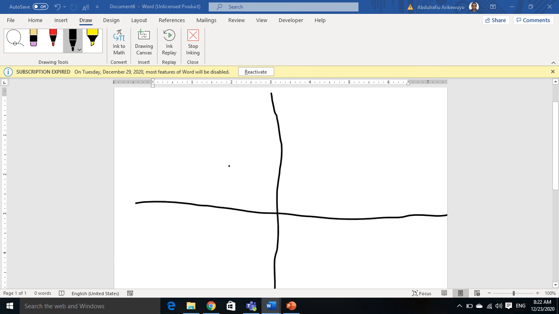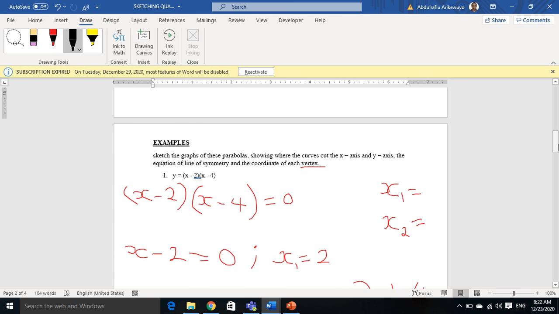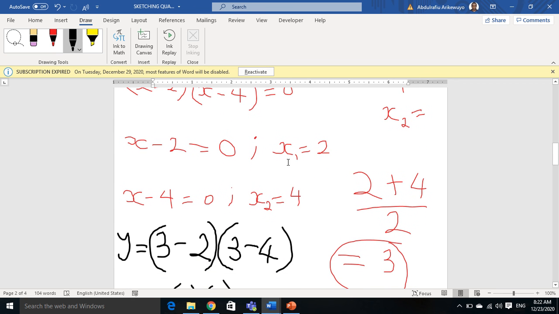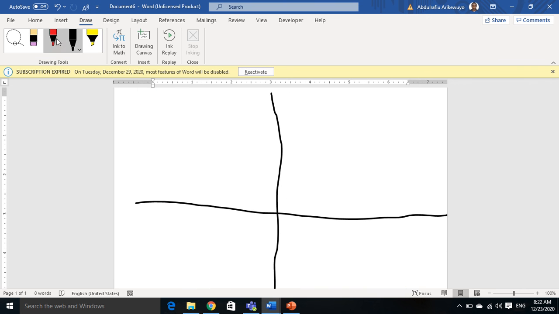If I go back, you will see that my x1 is 2, my x2 is 4. So on this graph, I want to locate 2 and 4. 1, 2, 3, 4. I need only 2 and 4, so this is okay, right?